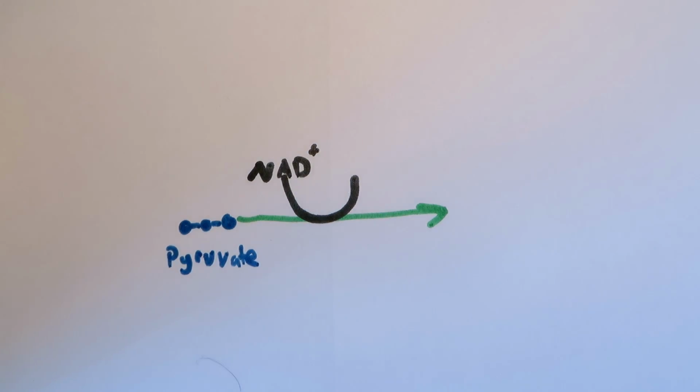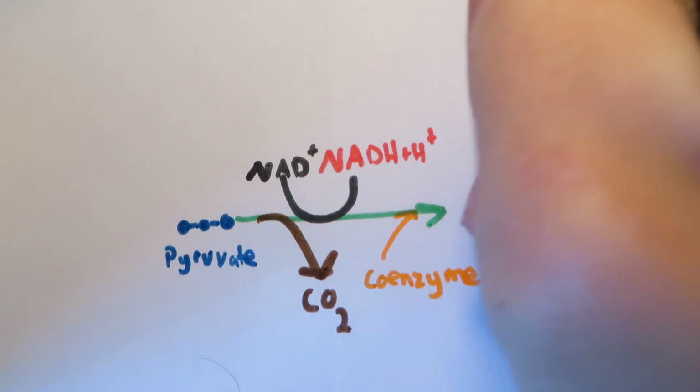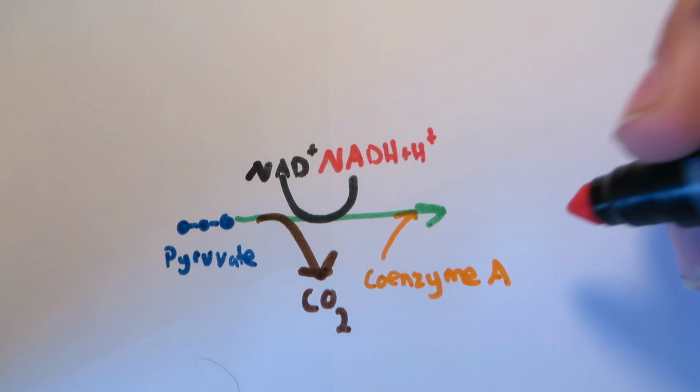The pyruvate molecules from glycolysis are what are oxidized during this process. NAD plus is reduced into NADH, and a carboxyl group is removed from pyruvate and given off as a molecule of CO2.